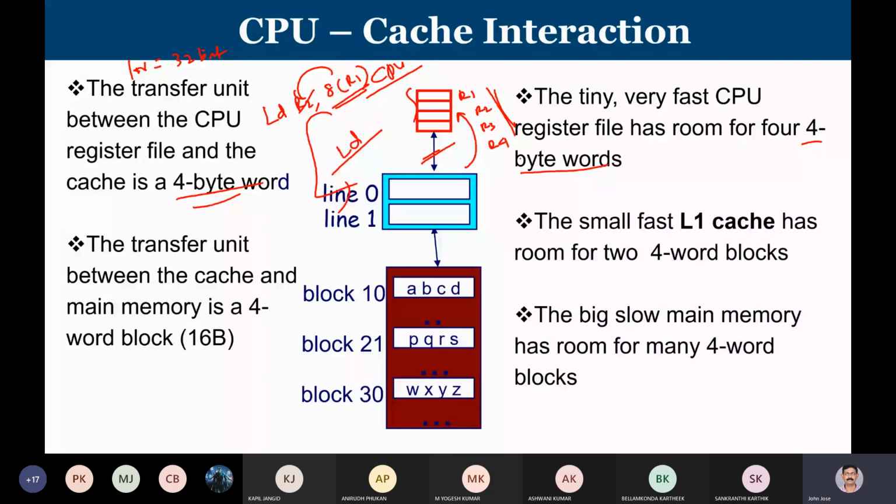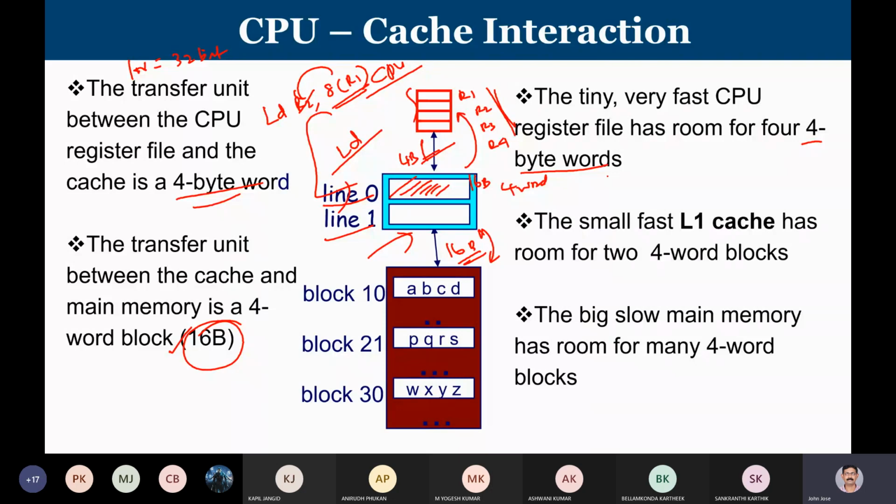Now the transfer unit between cache and main memory is a 4-word block. So I am transferring 16 bytes at any given point in time. Those are what are known as your lines, line 0, line 1. Each one can accommodate 16 bytes, and that is nothing but 4 words. So 16 bytes is the unit of transfer from main memory to the cache, and 4 bytes is the unit of transfer from cache to the CPU.